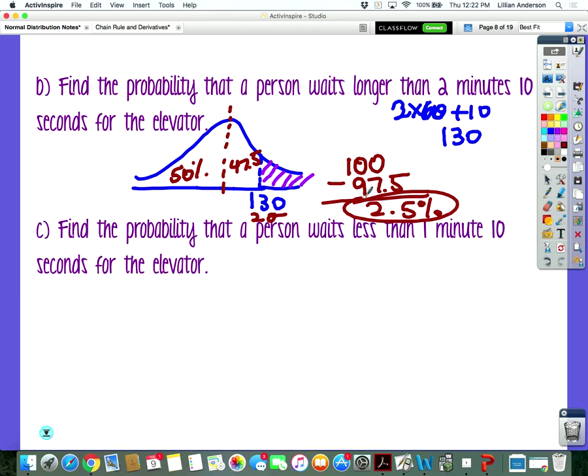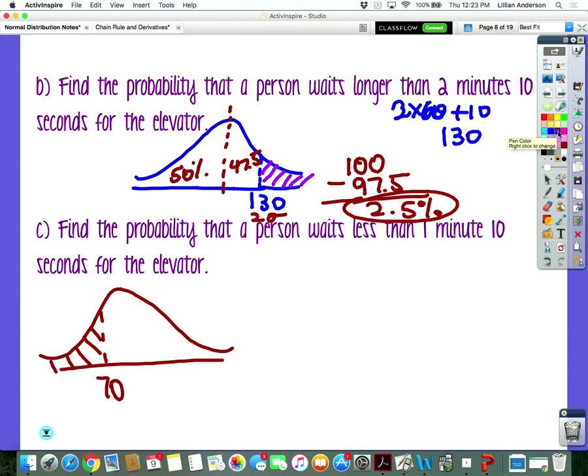It says find the probability that a person waits less than 1 minute and 10 seconds for the elevator. Well, 1 minute and 10 seconds is how many seconds? 70. And we're looking for less than. Was 70 on our standard deviation, 1, 2, or 3?